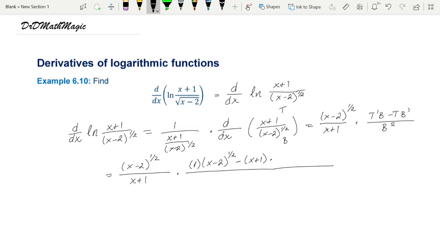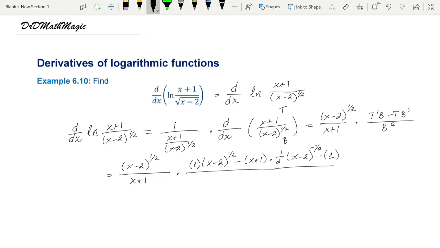So it's something to the power of 1/2. So the derivative of that is 1/2 times x minus 2, that was the something, to the power of negative 1/2. And then I have to take a derivative of the inside function of x minus 2. That's just 1.